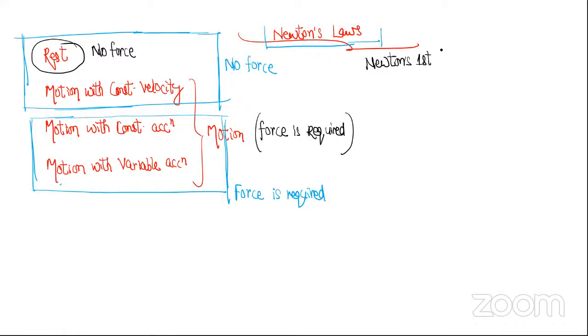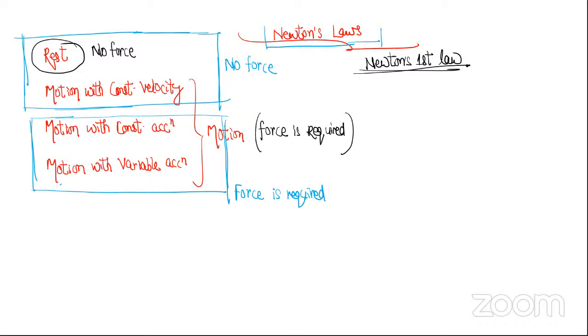So what is Newton's first law? Newton's first law tells what is the natural state of a body. Natural state means when no force is acting. Then how does the body want to stay? This is Newton's first law.